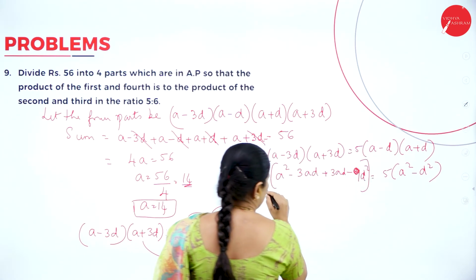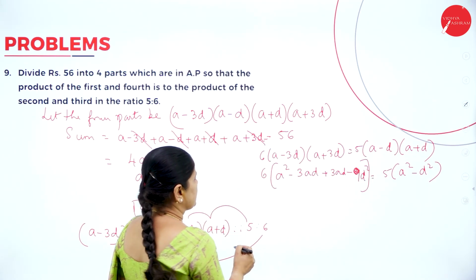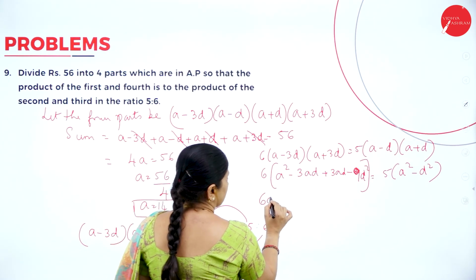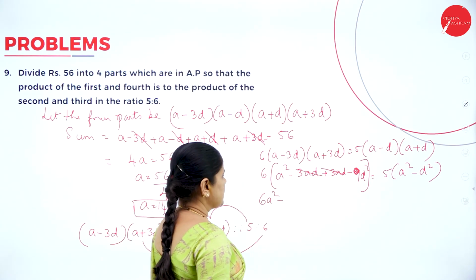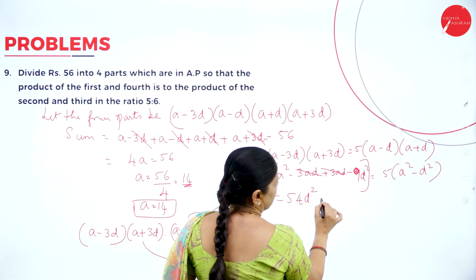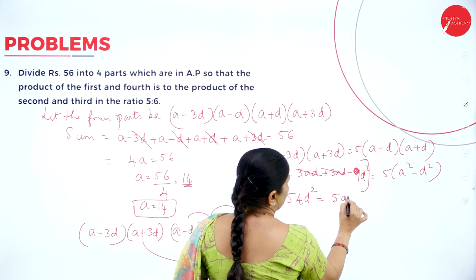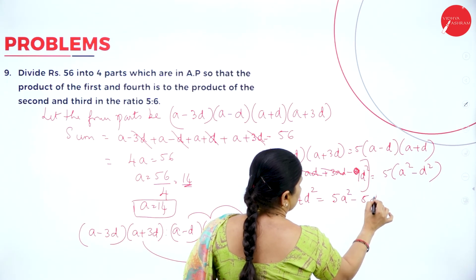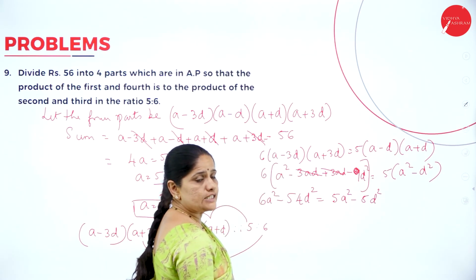Now, I multiply into 6: 6A square minus 54D square equals 5A square minus 5D square.